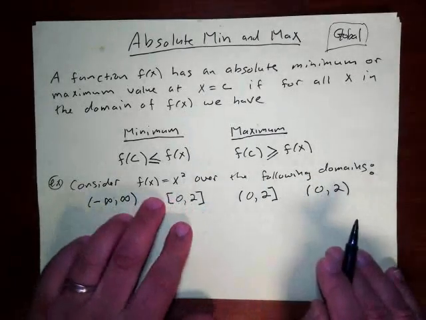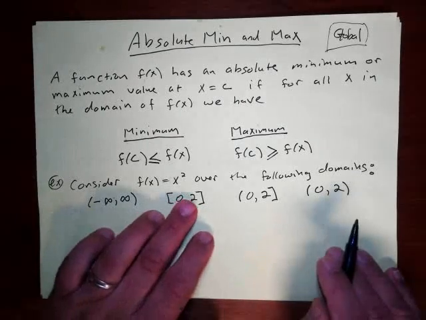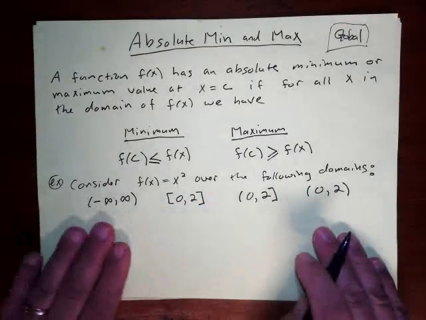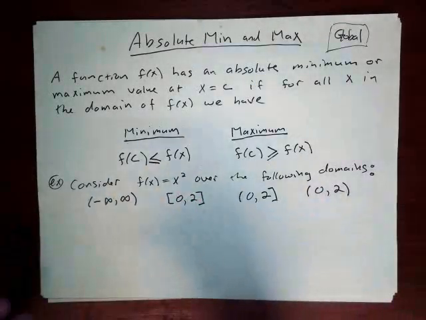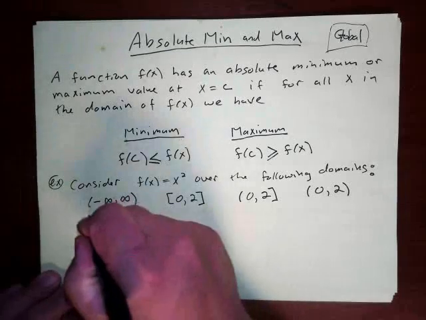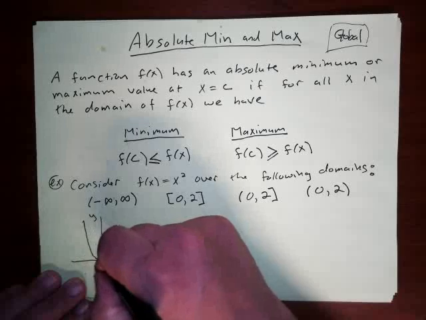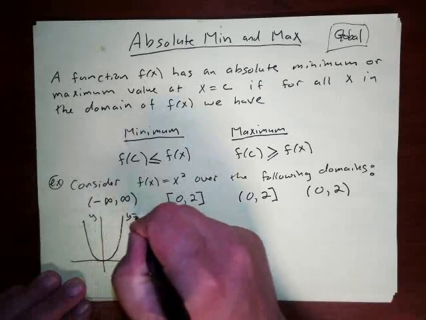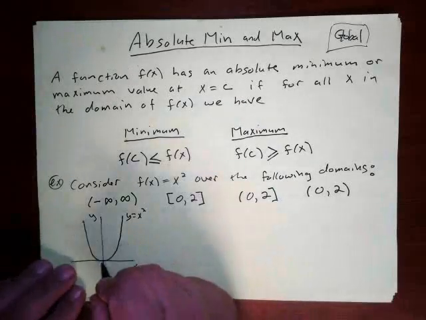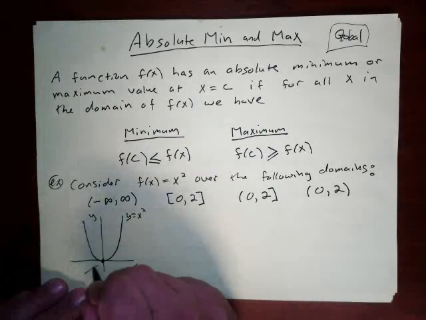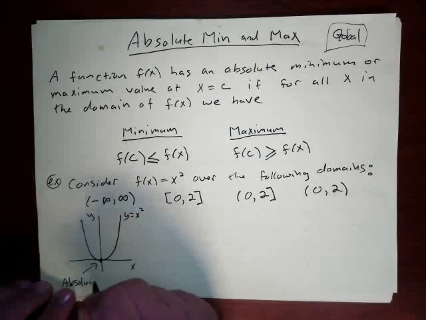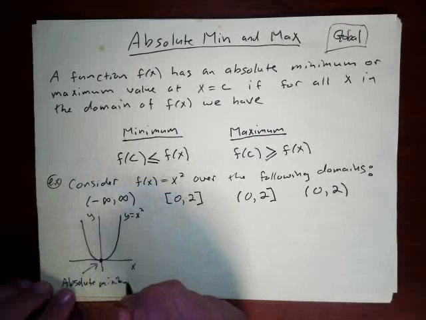And so I'm going to start with a really simple situation here to make a point. We're going to consider f of x is equal to x squared, so a parabola here, and I'm going to do it over the following domains. So normally we think of the domain for x squared as just being negative infinity to infinity. And so the function would look kind of like this. You'd have y equals x squared, and notice here that it would have a minimum value, and this would be a global minimum, or an absolute minimum, right?